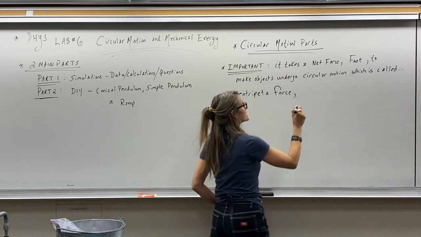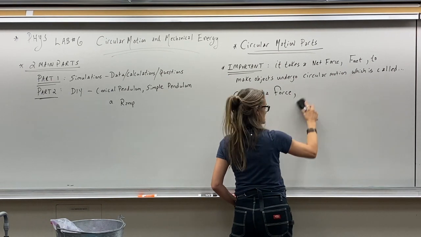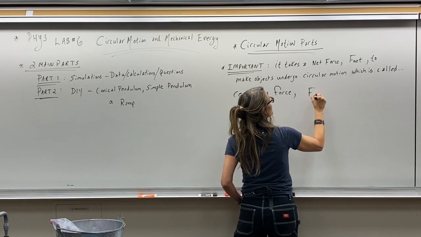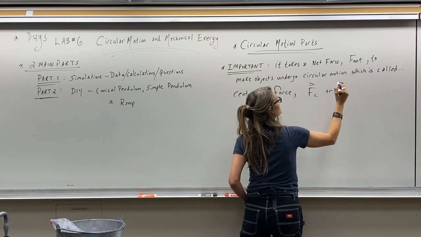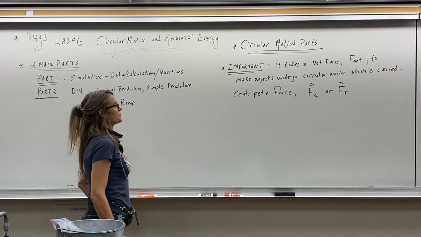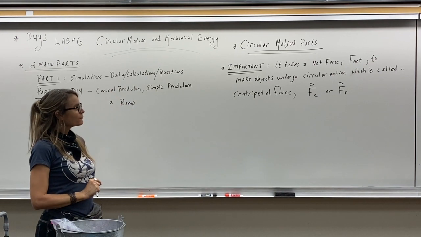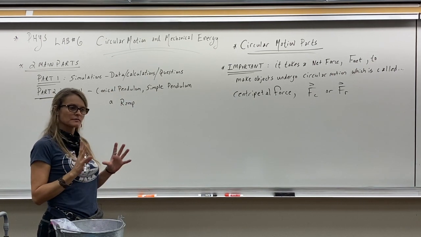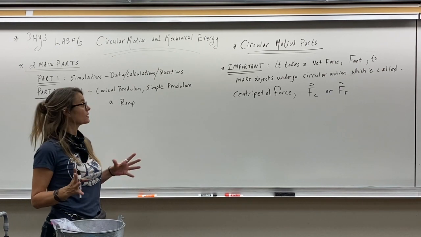I'll do two notations here. We could say FC, which a lot of older textbooks use, or FR. We need that net force. Behind any circular motion, there's either one force or a combination of forces that make it go circular.